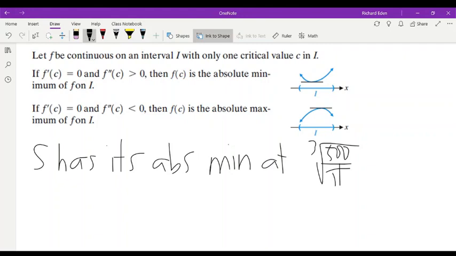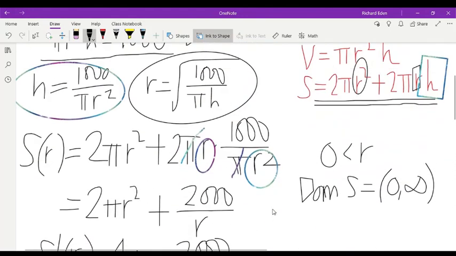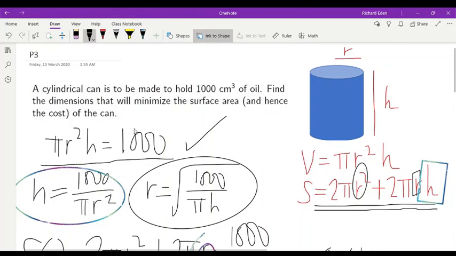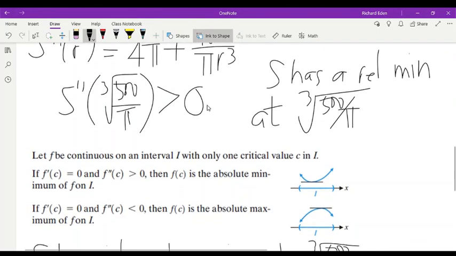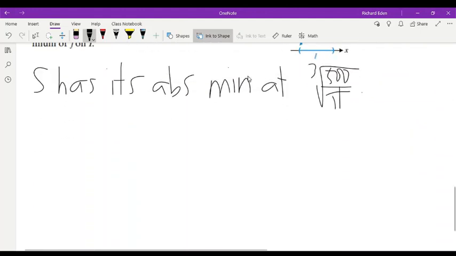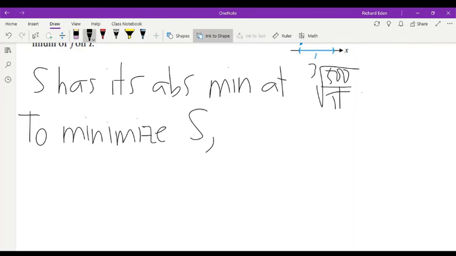Now we're almost done. We just have to ensure that we've answered the question. The task really is to determine the dimensions that will minimize the surface area. So what are the dimensions in this case? It's the radius and the height. Well, the radius is this critical number, so to minimize the surface area, the radius has to be the cube root of 500 over pi.